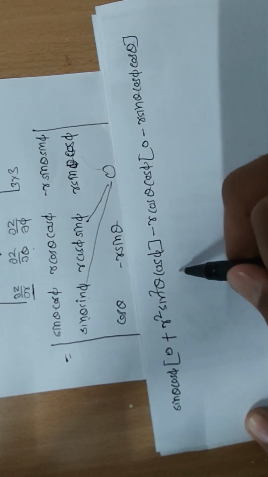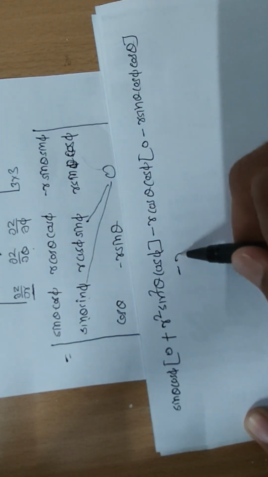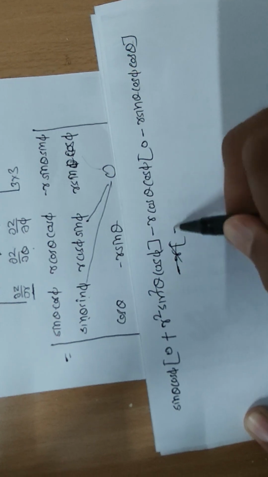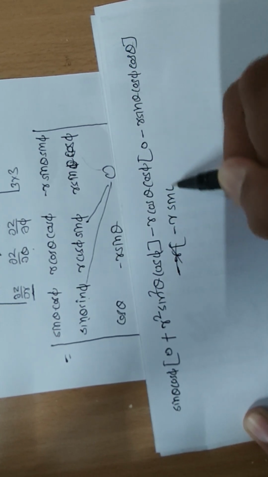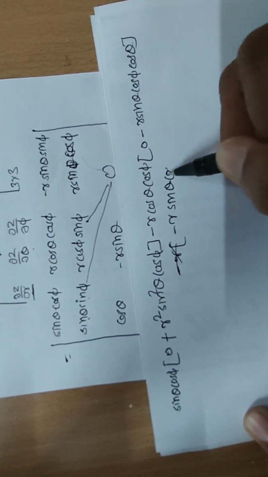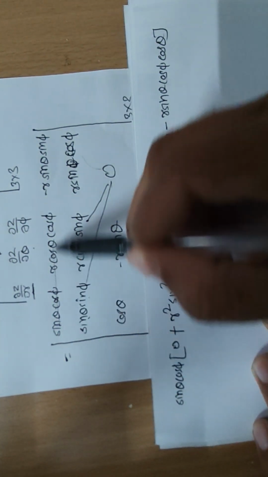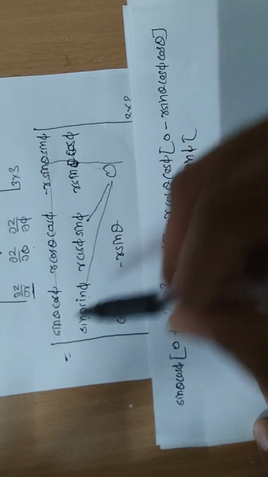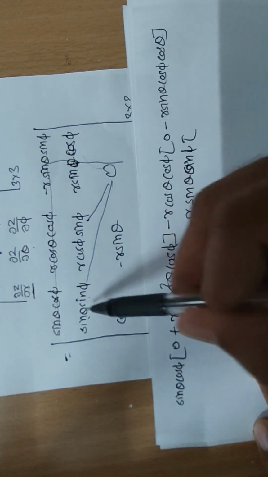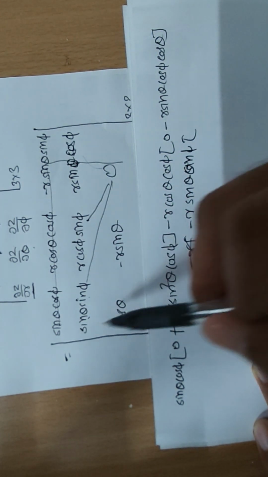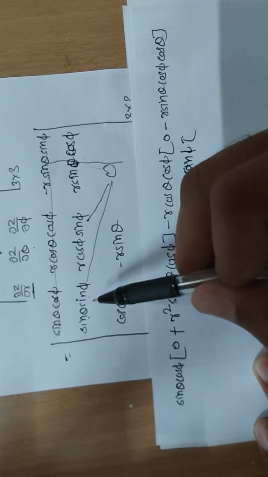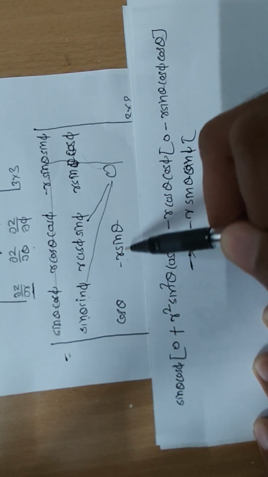Okay, then next, minus r into sin theta into sin phi in bracket. Now first row and third column crossed off and multiplication of the remaining four elements. Sin theta into sin phi into r, minus of r sin theta.